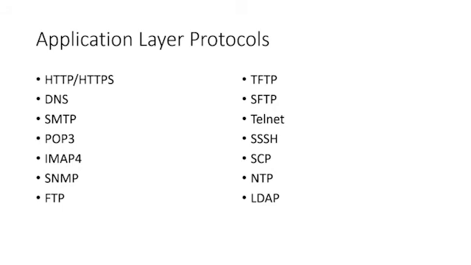Then we have SCP, right? Secure Copy Protocol, another alternative to FTP. NTP, Network Time Protocol, another one that's important for us to secure, because if I can manipulate the timing on your network, I may be able to inject information into your network. I may be able to break domain services. And then LDAP, that Lightweight Directory Access Protocol.